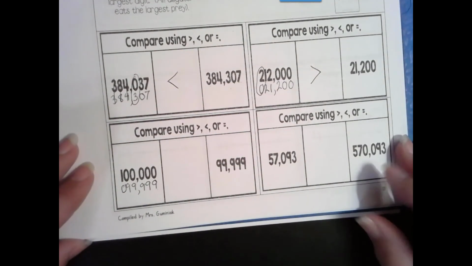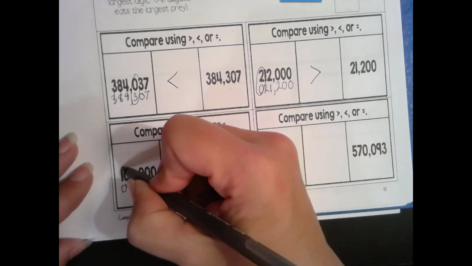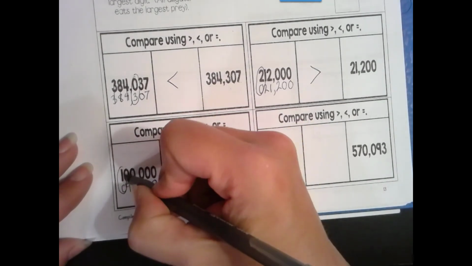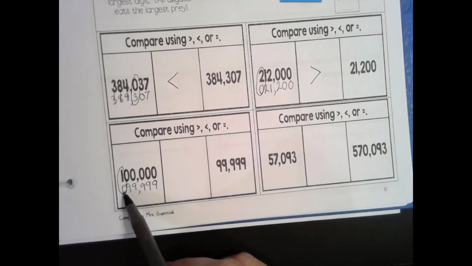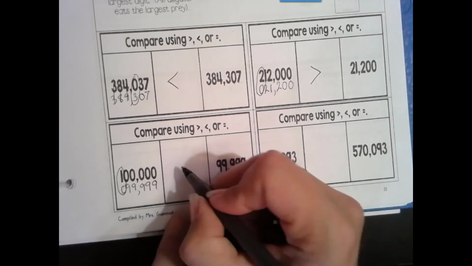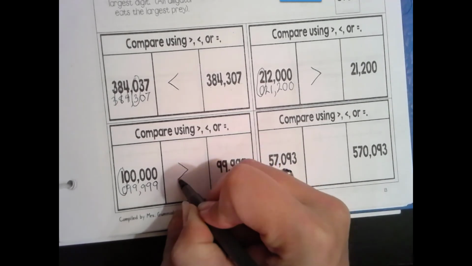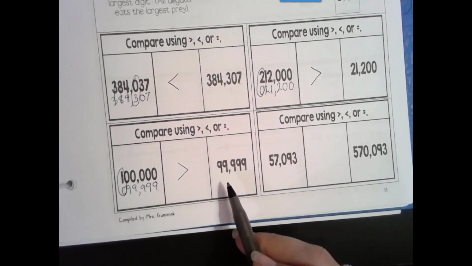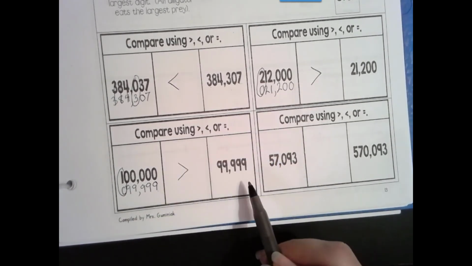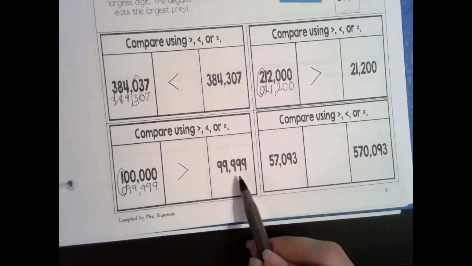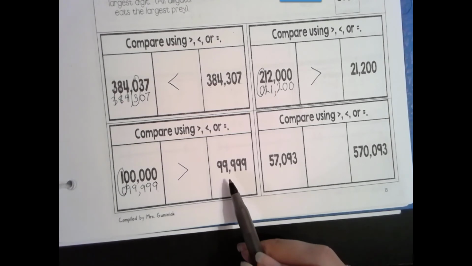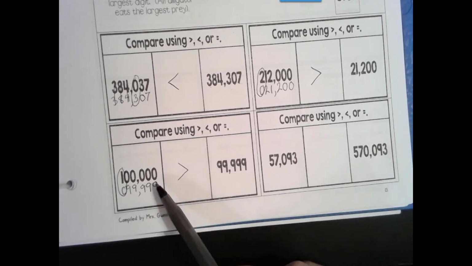Now my comparison starts from this 100,000s, and they're different. 100,000 is greater than no 100,000s. So 100,000 is greater than 99,999. I think I said that wrong before. Sorry. It's only greater by 1, but it is greater.